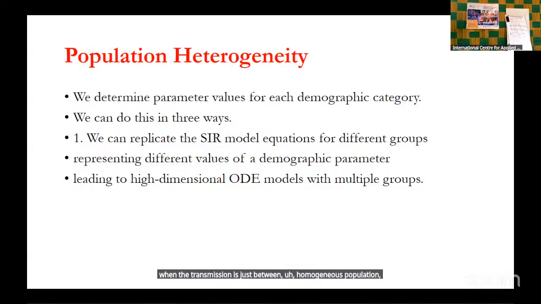But here now we have high risk and low risk. So the way things are different, the way the reproduction number values change based on that.